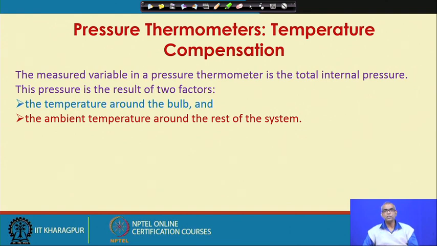So, how can this temperature compensation be achieved? The measured variable in a pressure thermometer is the total internal pressure. This pressure is the result of two factors, the temperature around the bulb and the ambient temperature around the rest of the system. That means the ambient temperature around the capillary and the ambient temperature around the pressure spring or Bourdon tube.